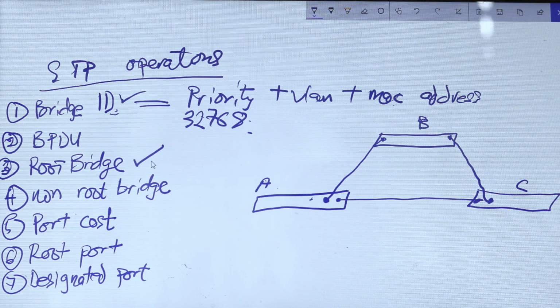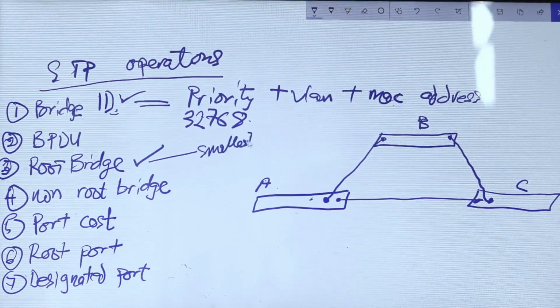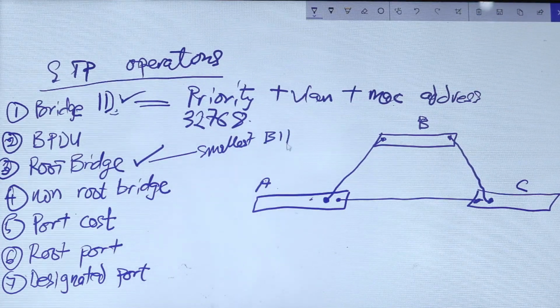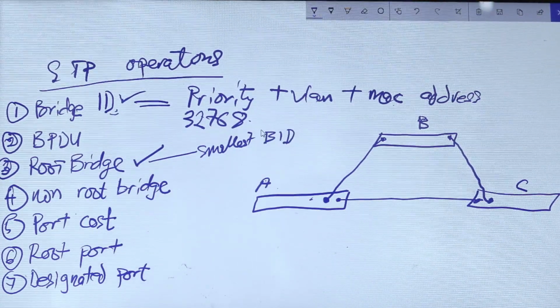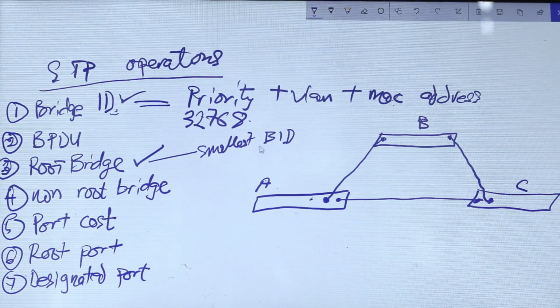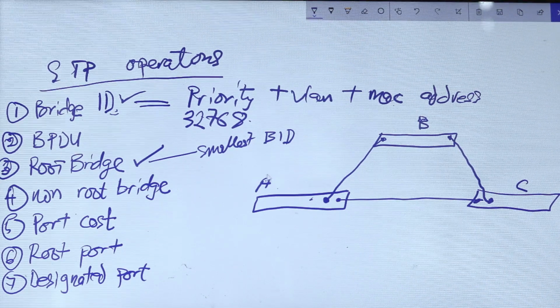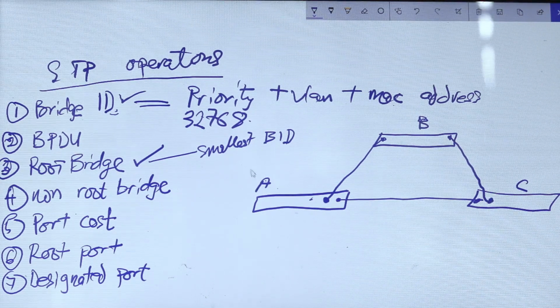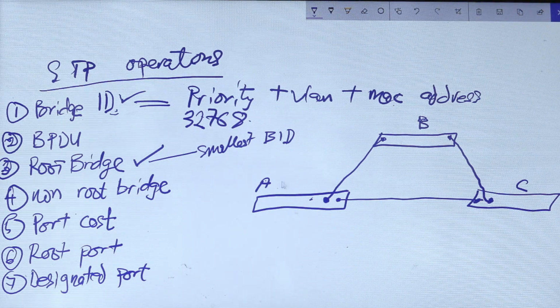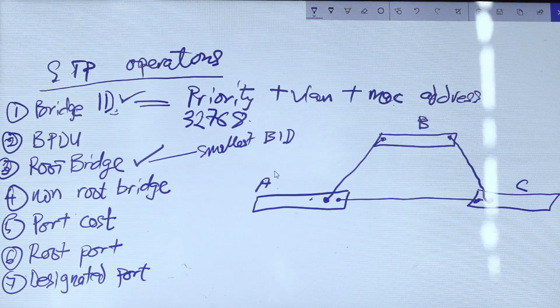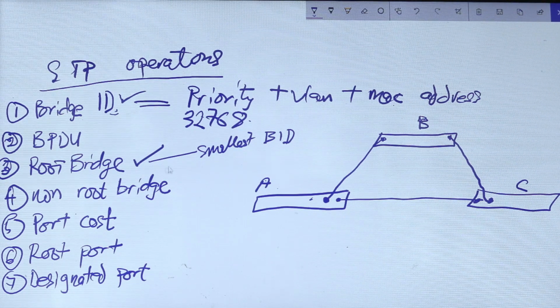The criteria to win this election is the switch or the bridge with the smallest bridge ID. For switching, everything lower is better. Switch A has a bridge ID, switch B has a bridge ID, and switch C has a bridge ID. The switch or the bridge which will become the root bridge is the bridge with the smallest bridge ID.